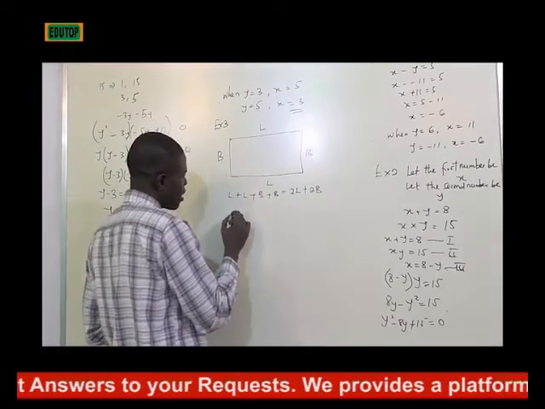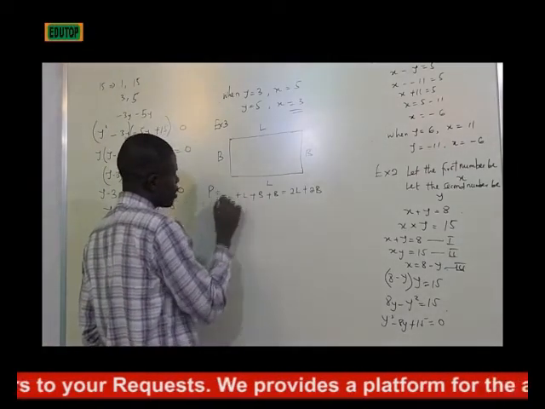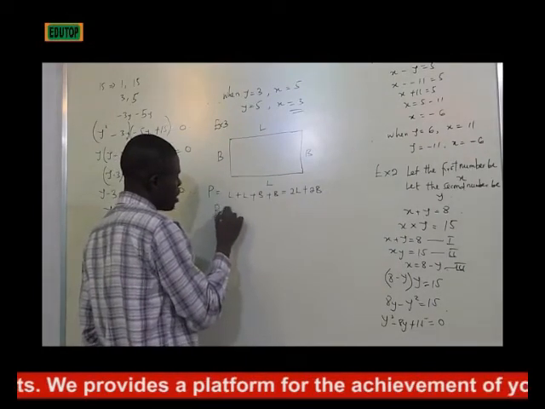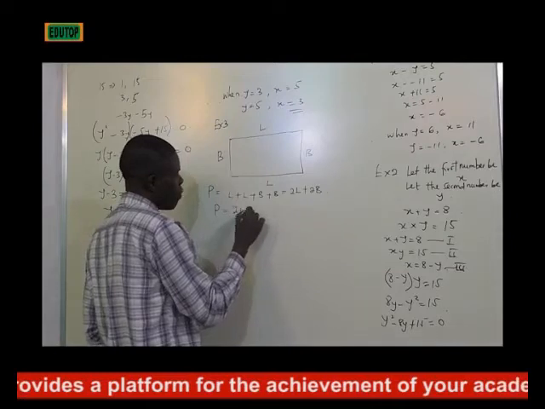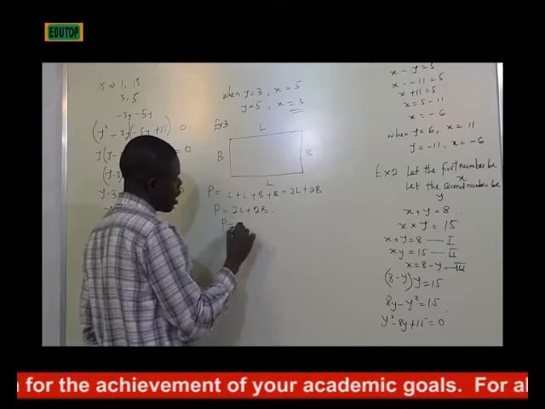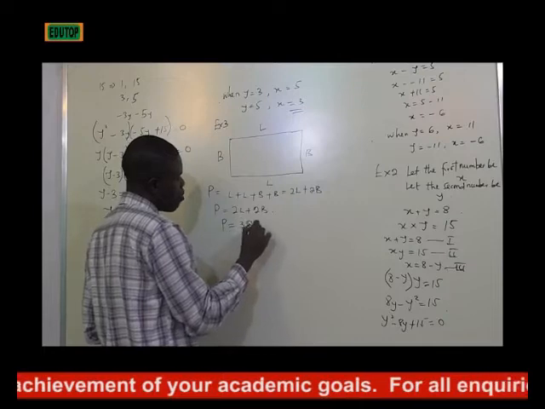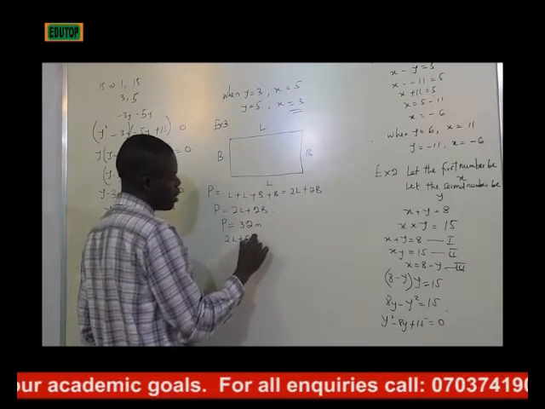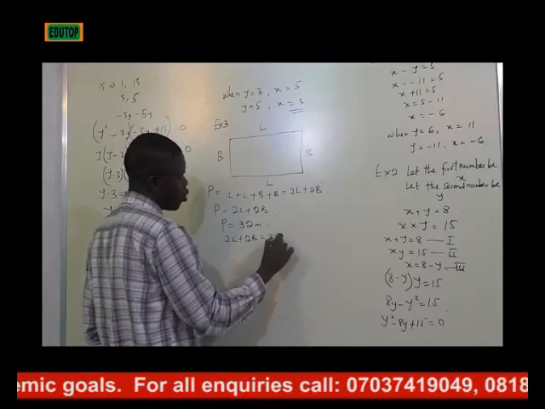So I can write that the perimeter, denoted here as P, is 2L plus 2B. The question gave me the perimeter to be 32 meters, so I can equate 2L plus 2B to 32.